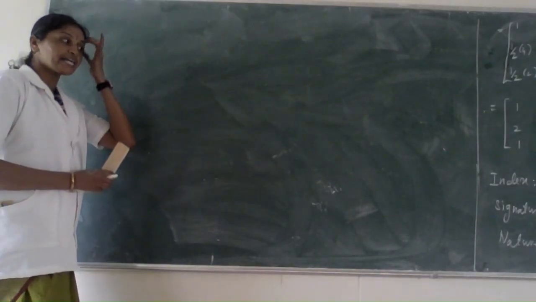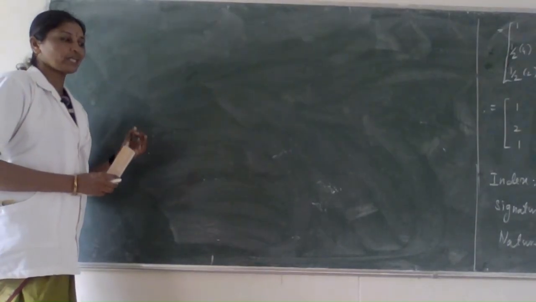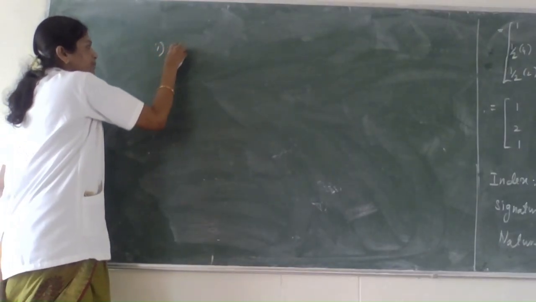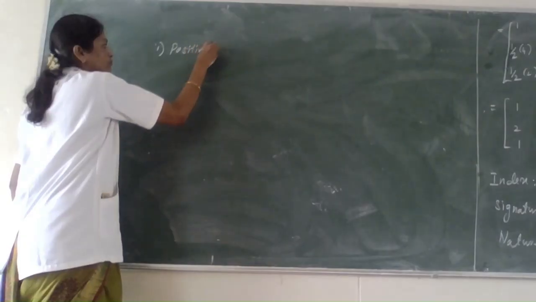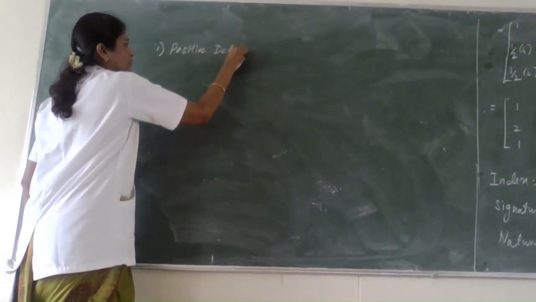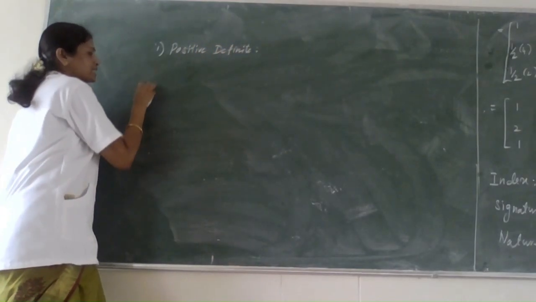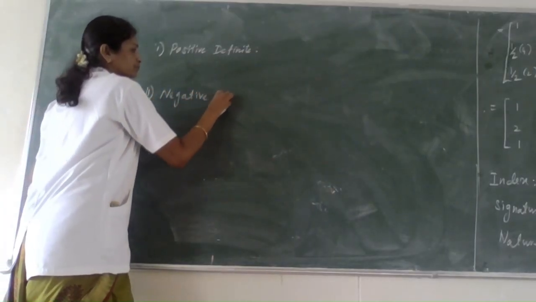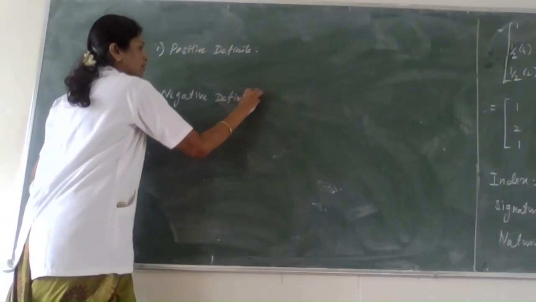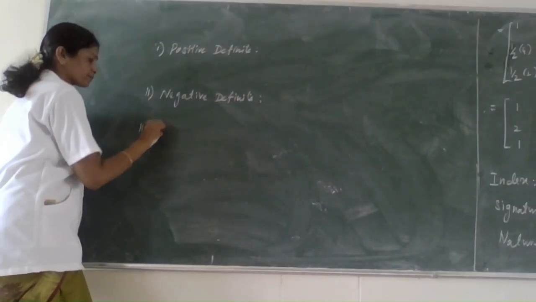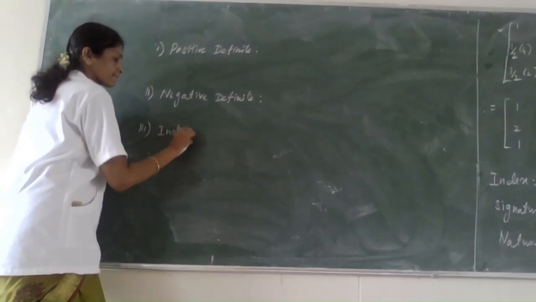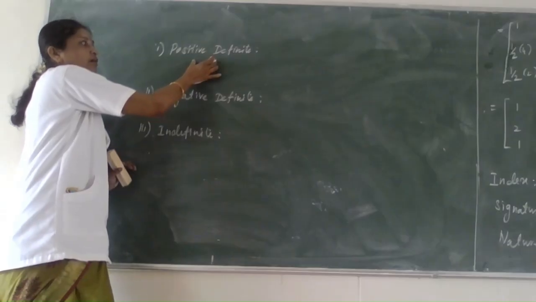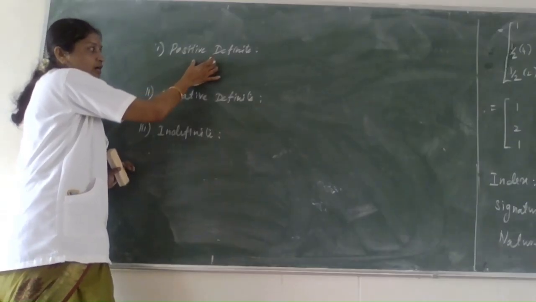So next one, nature. Based on the eigenvalues, we separate three types of nature. One is positive definite, second one is negative definite, third one, indefinite. So what is positive definite? All the eigenvalues are positive.